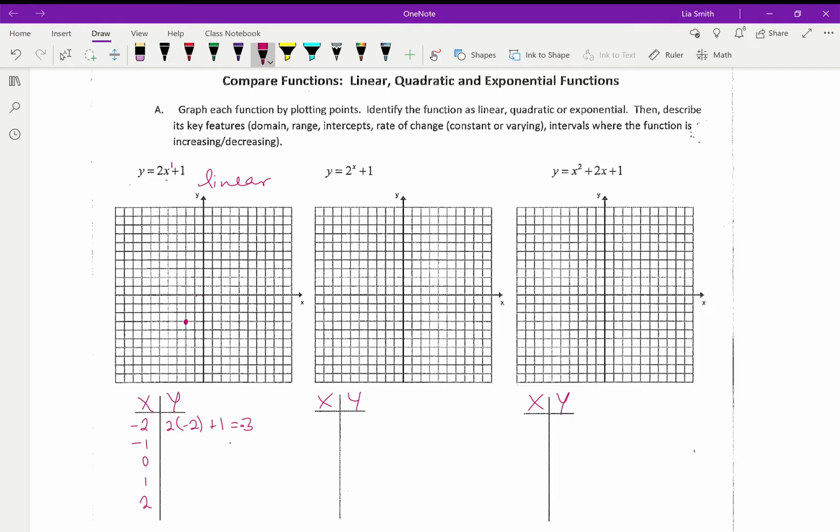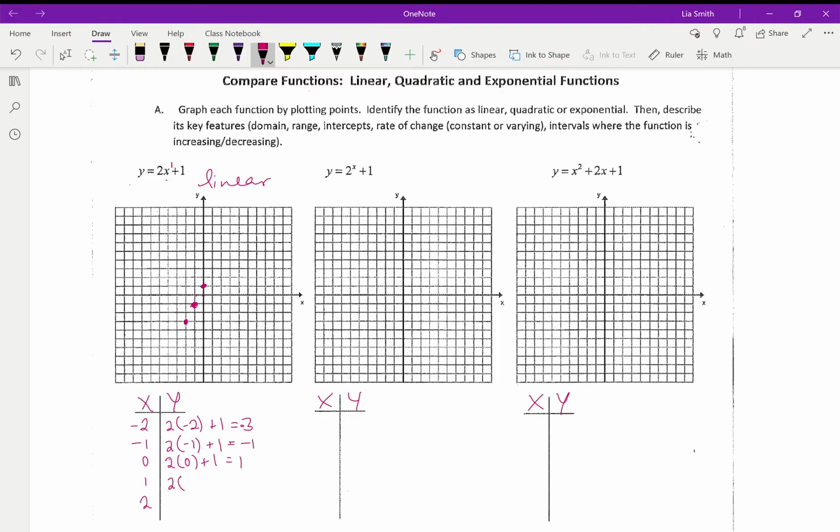Let's do the same thing with -1. 2 times -1 plus 1 gives me -2 plus 1, which is -1. So I go over 1, down 1. Now 0: 2 times 0 plus 1 gives me a final answer of 1, which makes sense because, if we recall, that's my y-intercept.